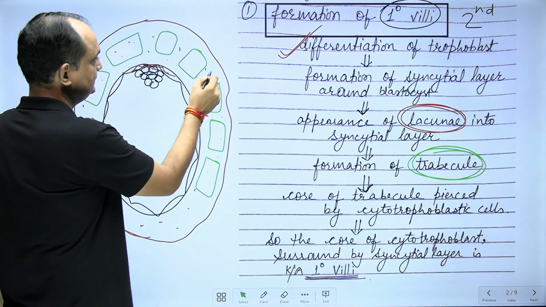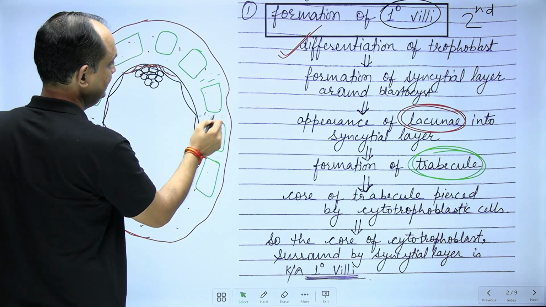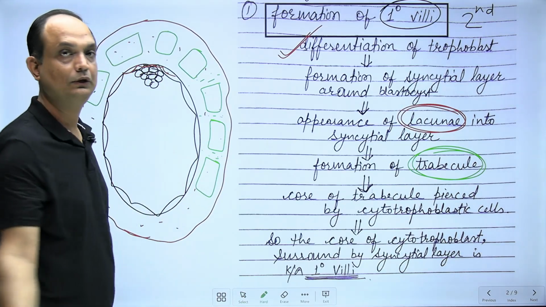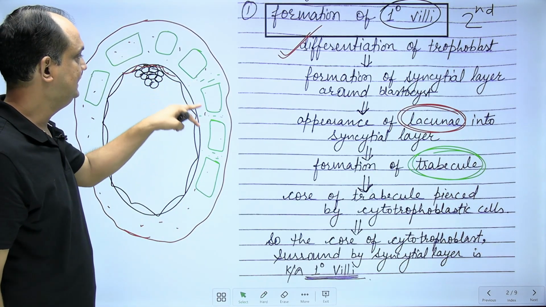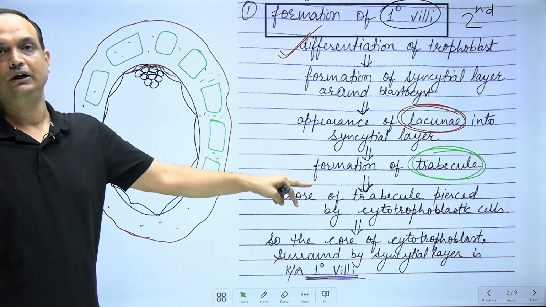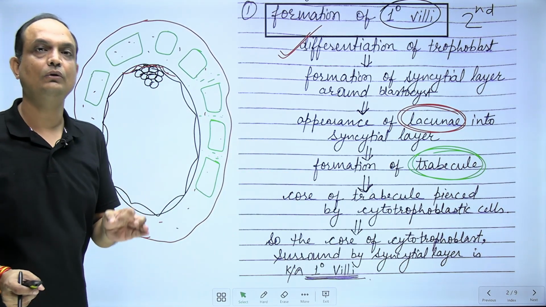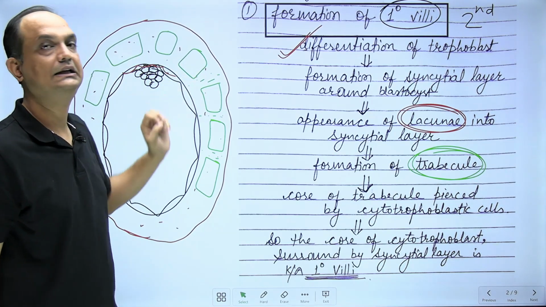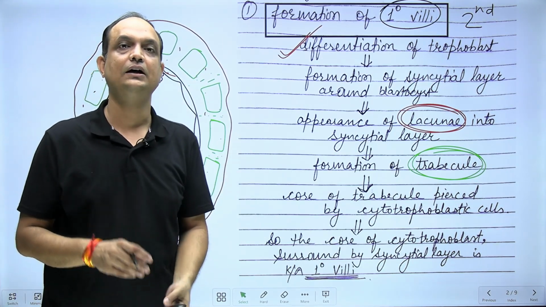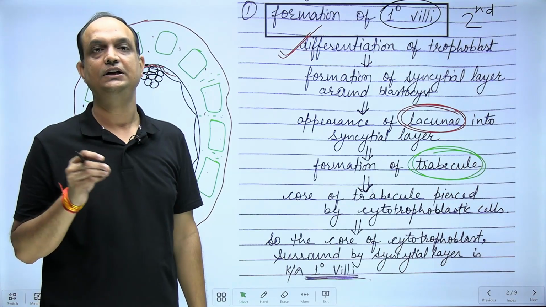So, these pillars, which are the area between two adjacent lacunae, are made up of syncytial layer, and these areas are known as trabeculae. So, trabeculae is the area between two adjacent lacunae, made up of syncytial layer.